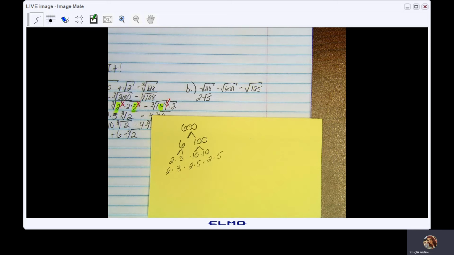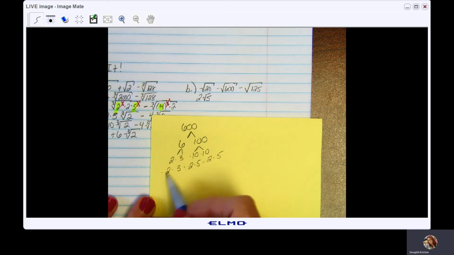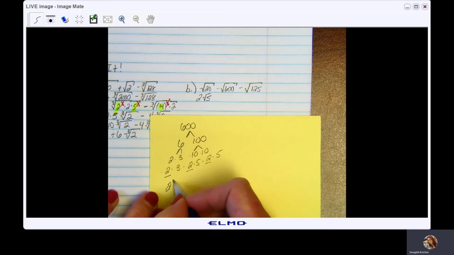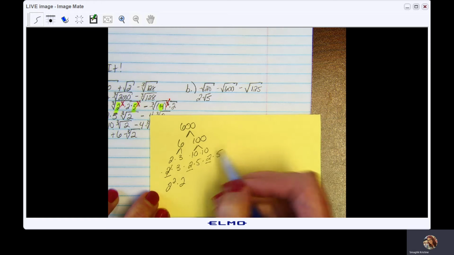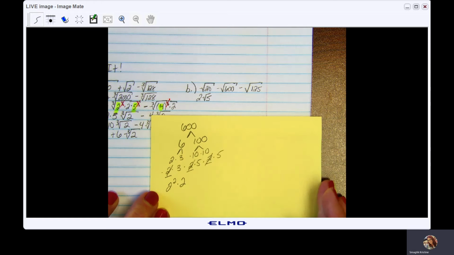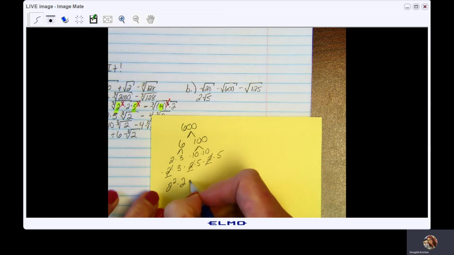And again, remember, you're looking for groups of 2. So let's see, how many 2's do I have? I have 1, 2, 3. So that means I have 2 squared times 2. I'm grouping them in 2's. Okay, so I've got that covered. I have 3.